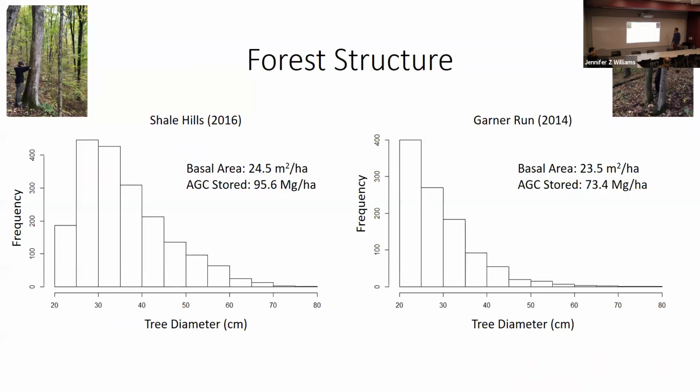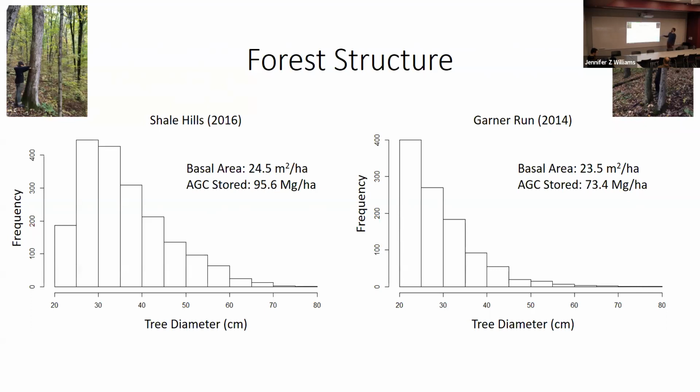Structurally, the forest in Shale Hills and Garner Run have some similarities and some differences. I have these histograms up here to demonstrate the distribution of tree diameters in a forest that we typically see.